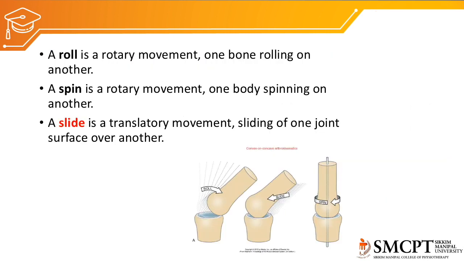Rolling is a rotatory movement where one bone rolls on another bone. Spinning is also a rotatory movement where one bone spins on the other bone, whereas sliding is a translatory movement, sliding of one joint surface over another.